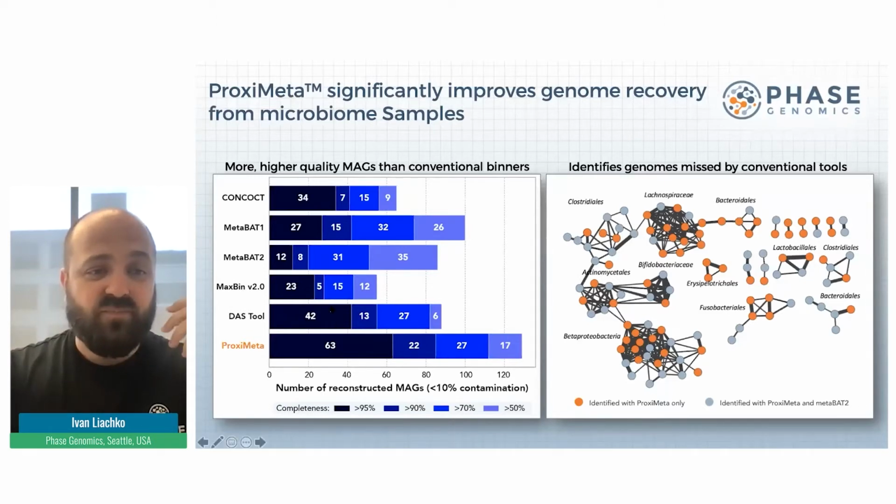No matter what you do using normal binning methods, Proximeta outperforms. You get all these new genomes. That's what these orange dots are for a given sample, things that are only identified by this Hi-C method.